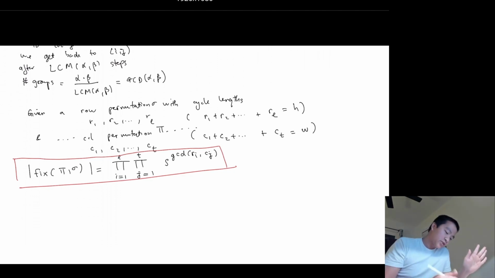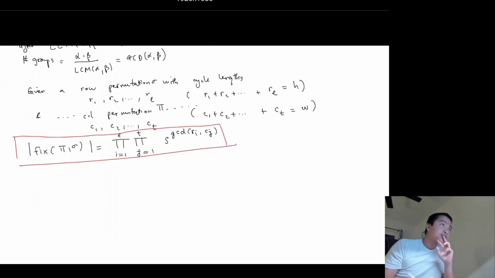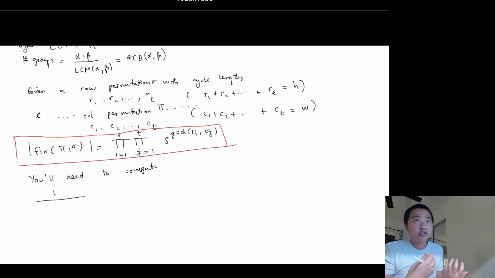So I'll just recap this. In the end, you need to compute the following: 1 over the number of possible transformations. You have H factorial permutations for the rows and W factorial permutations for the columns.